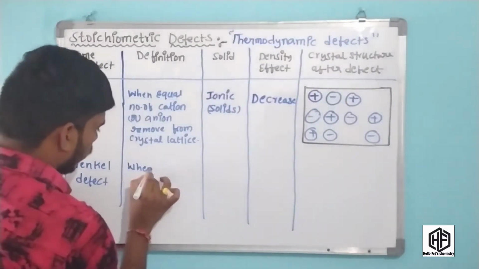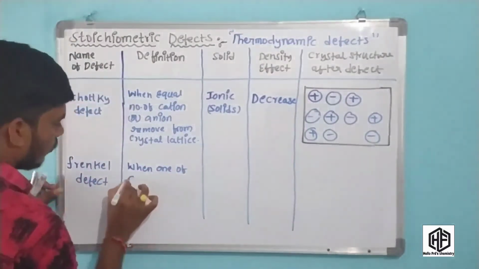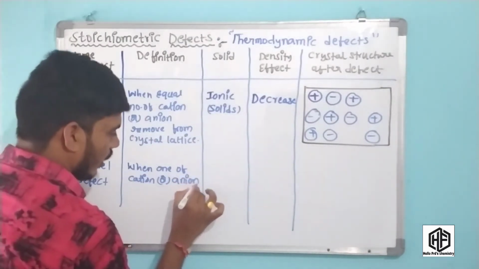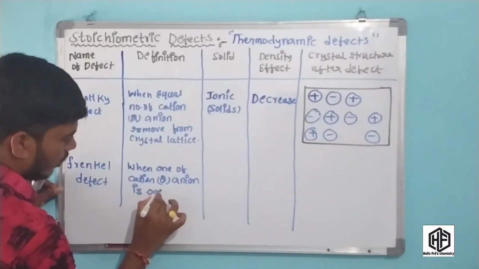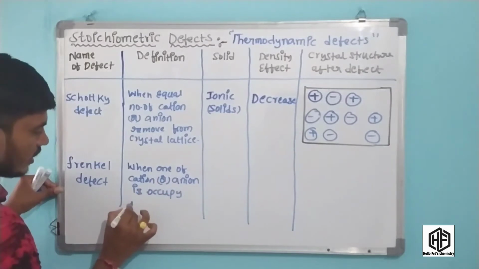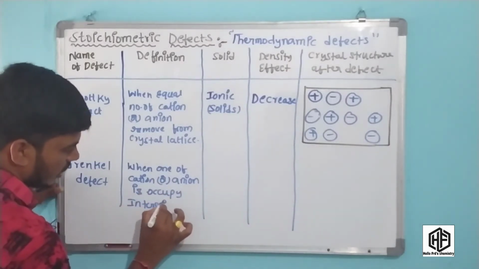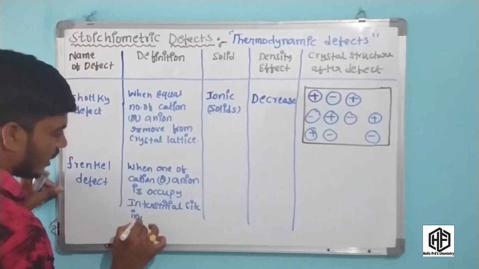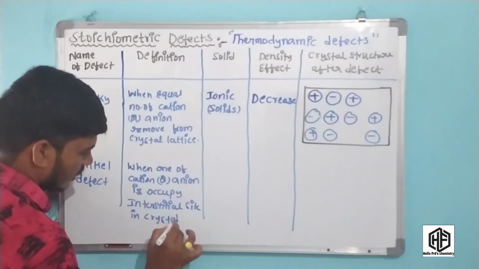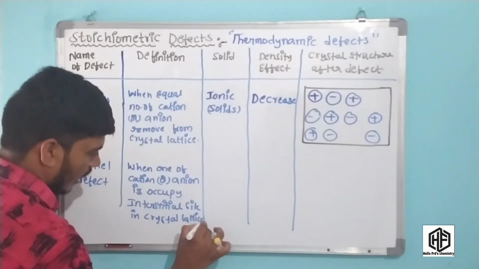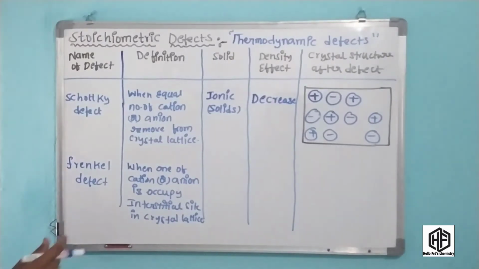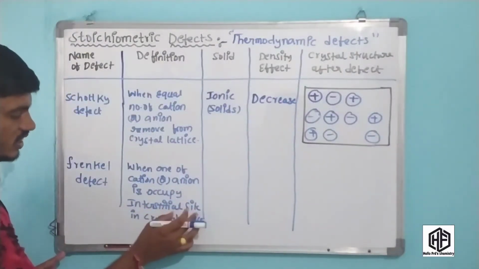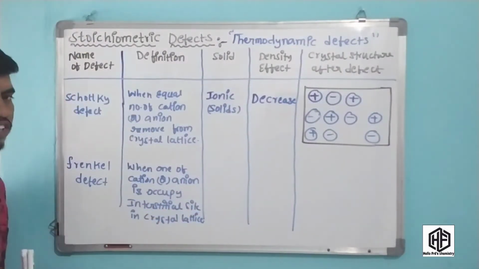When one of the cation or anion occupies an interstitial site in the crystal lattice, that is called a Frenkel defect.